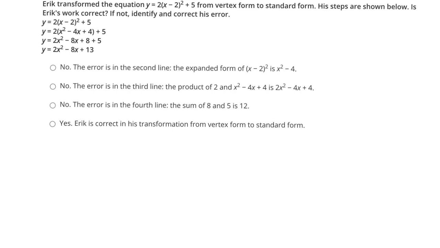If I have x minus 2 squared, all you have to do is square your first term, multiply your two terms together, double them, and square your last one. So we're squaring our first term, which will be x squared.